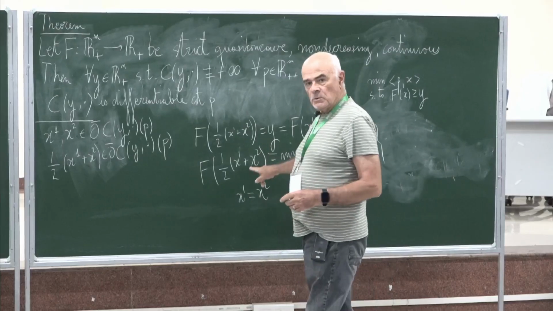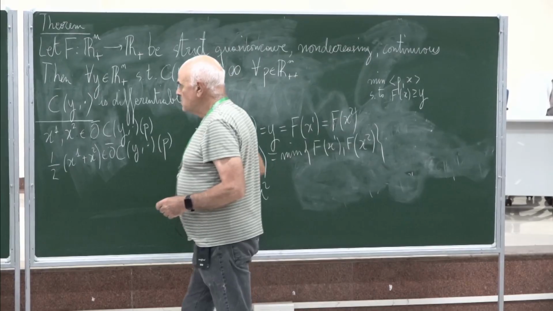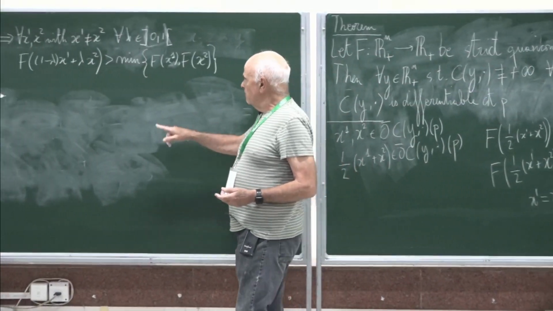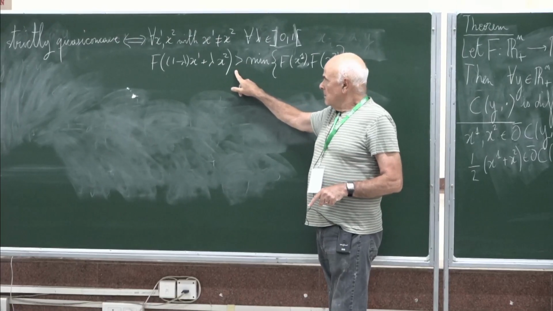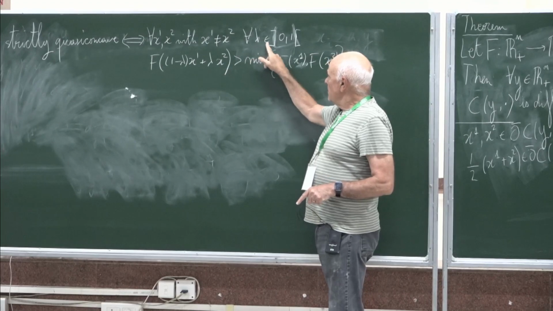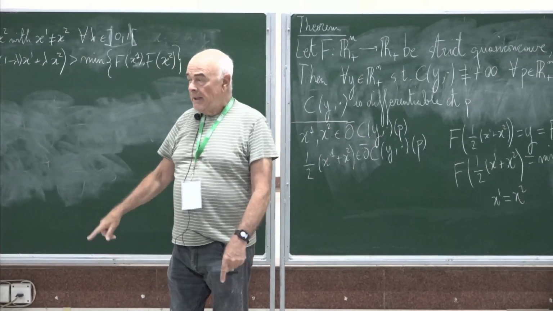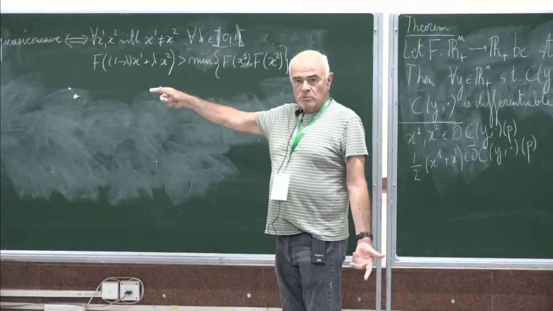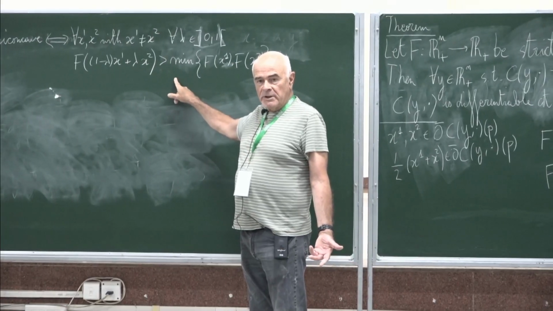You are asking about this? So, according to strict quasi-concavity, this should be strictly greater than if lambda is between 0 and 1, and the lambda there is 1/2, and if x1 is different from x2. We don't have this strict inequality here. We have equality.